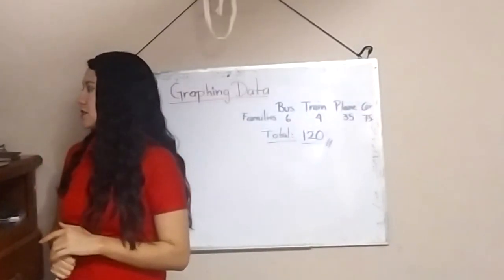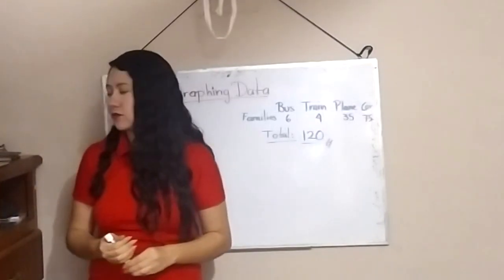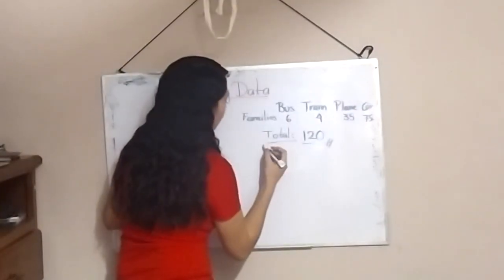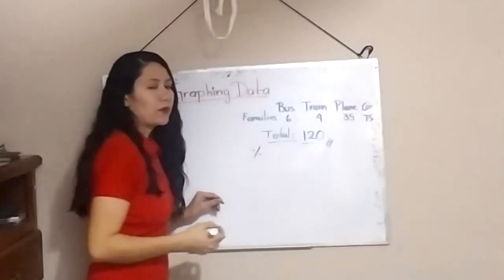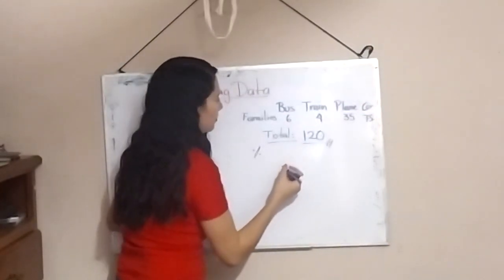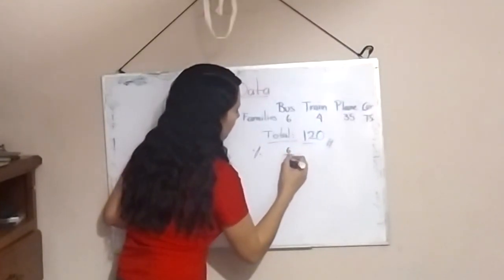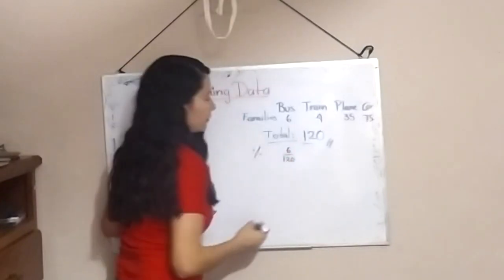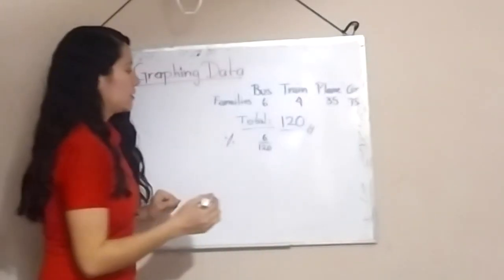Second step is to divide each value by the total to find the percent for each value. So let's find the percent. What percentage of the families went by bus? We divide 6 by 120, which is 0.05.